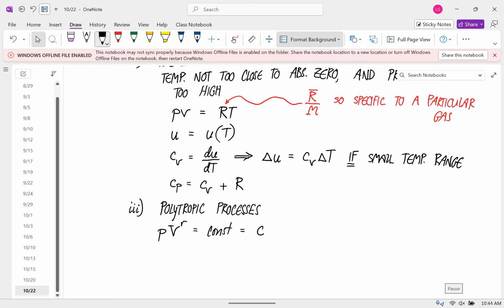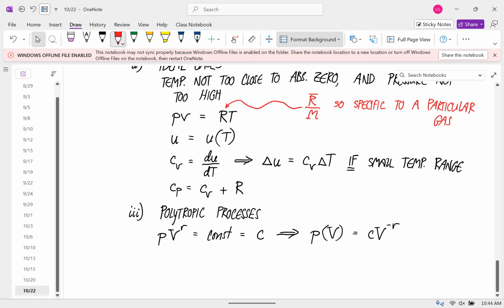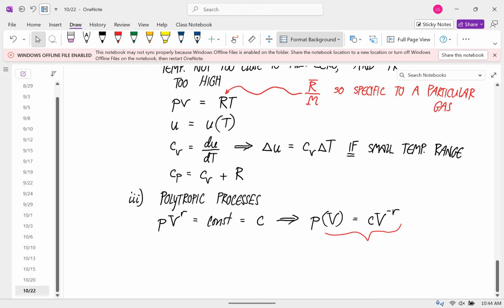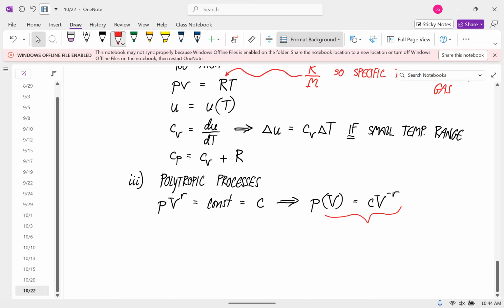So I'll just call that C. If you rearrange this, once you find that constant C, you can calculate pressure as a function of volume as C times V to the negative n. And so this lets you calculate the work of expansion.